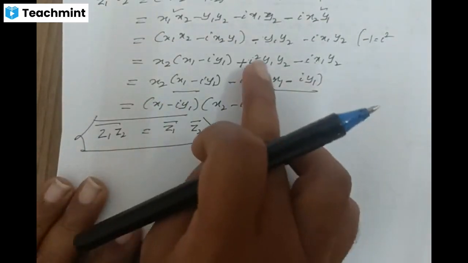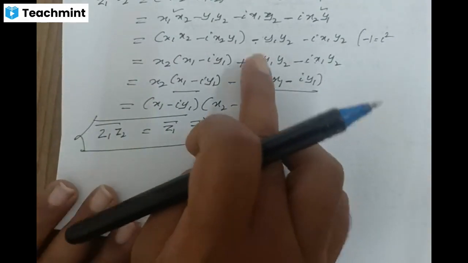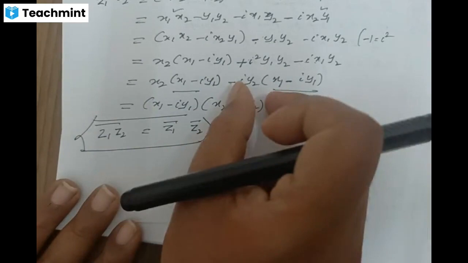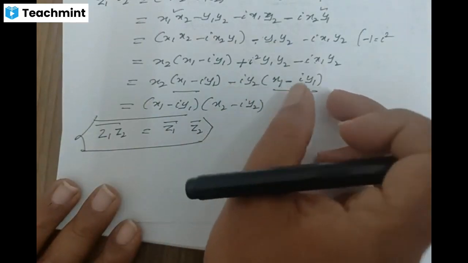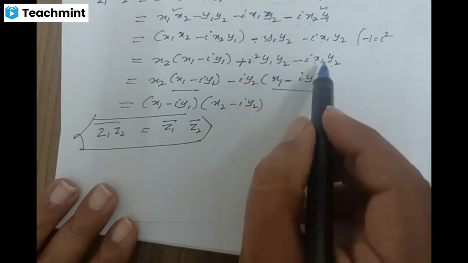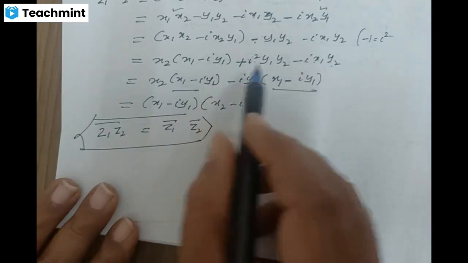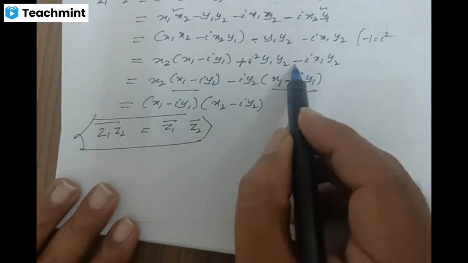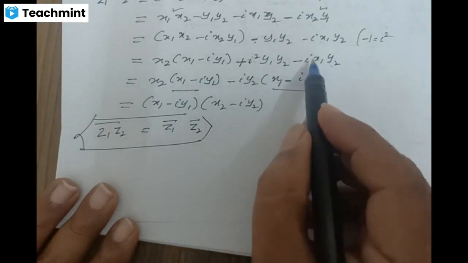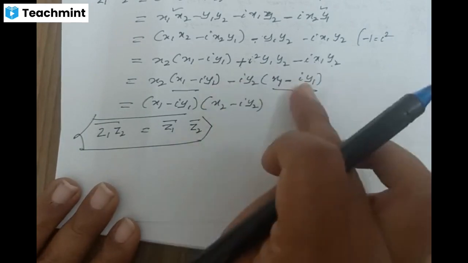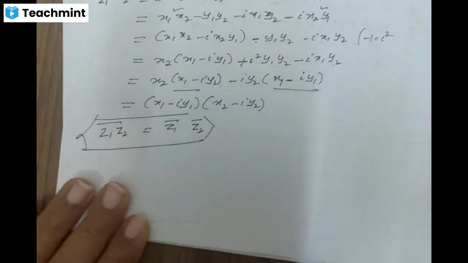There is no i common, therefore the minus 1 I rearrange to take the common. I need this term x1 minus i into y1, but I need i common, therefore the minus 1 I am writing as i square. So here I need minus i y2 common, then plus x1, here plus is there, then minus. If you multiply this you get the previous one.